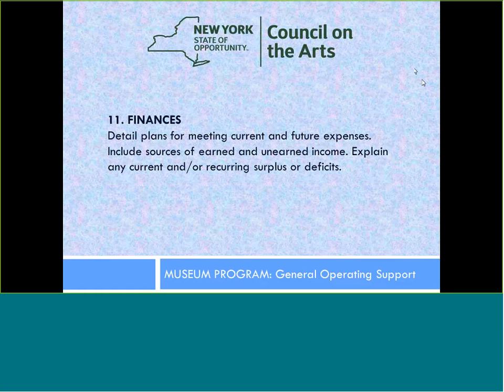Here's the interesting thing. You're going to be submitting an organizational budget. We look at the organizational budget. The panel looks at the organizational budget. If your organizational budget is showing a deficit, and that's okay for many organizations, it happens, tell us in the narrative part of the application what that deficit is. Is it real?